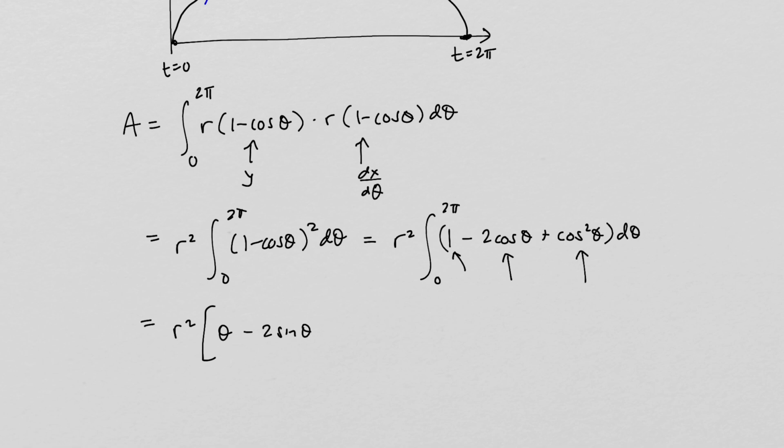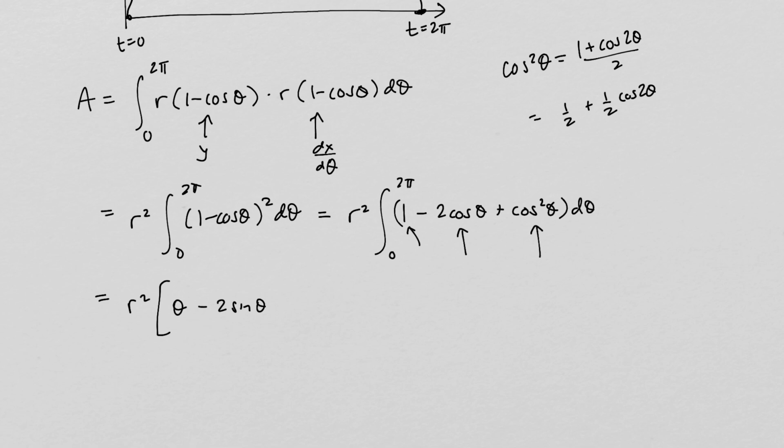And then what about the antiderivative of cosine squared? Well, we have to remember that to do that, we have to use a half angle identity. Cosine squared of theta is 1 plus the cosine of 2 theta divided by 2. So we can think of that as 1/2 plus 1/2 cosine of 2 theta.